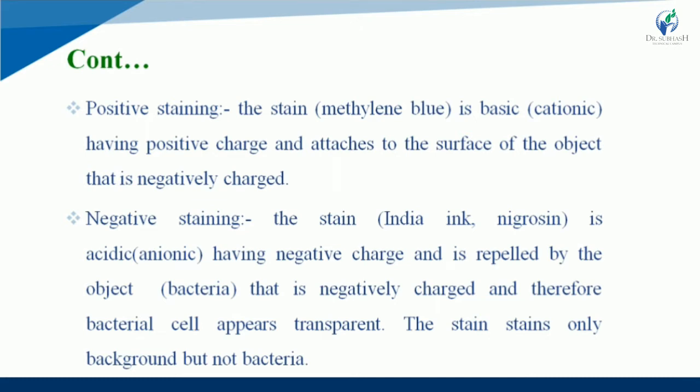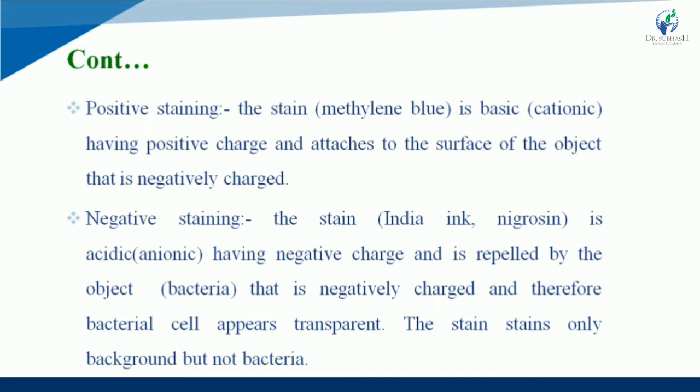So it attaches to the surface of the object that has a negative charge. The dye has a positive charge and the objects have a negative charge, so both are attracted easily. That is regarding positive staining.